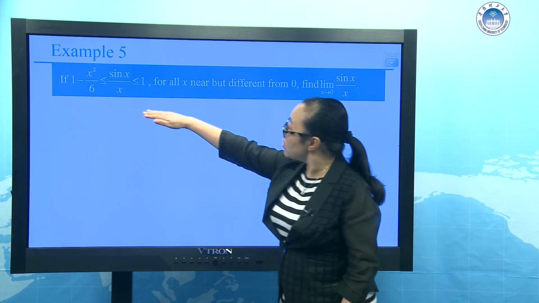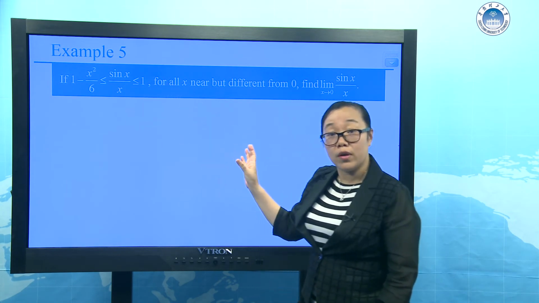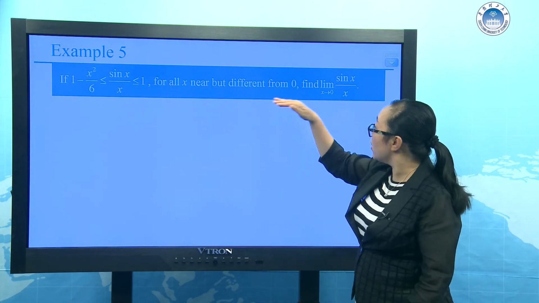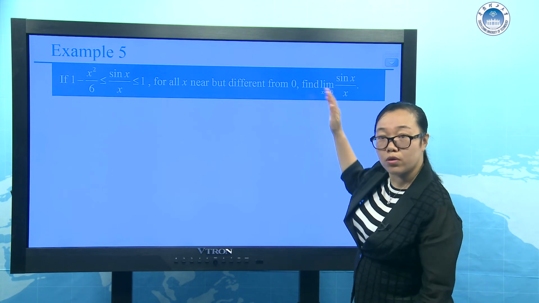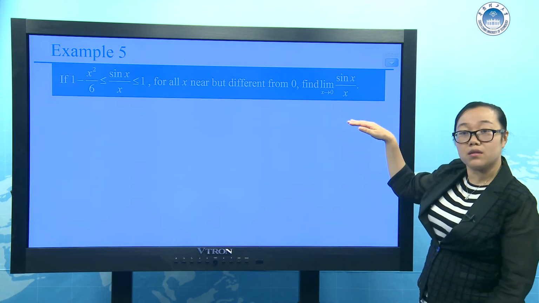Why? If x equals 0, this expression has no mathematical meaning, so we give the condition but different from 0. Try to find the limit of sin x over x as x tends to 0.